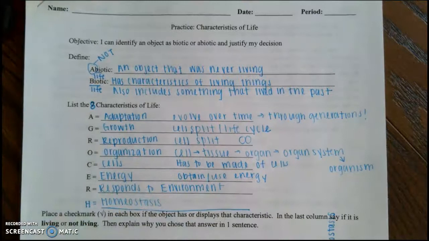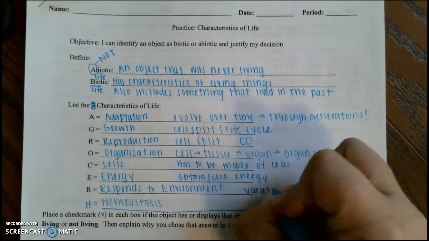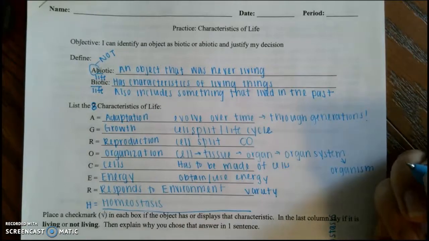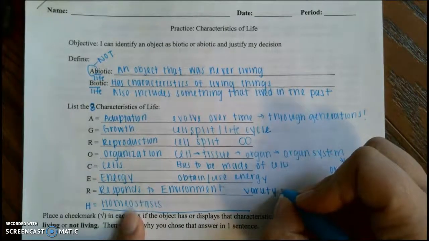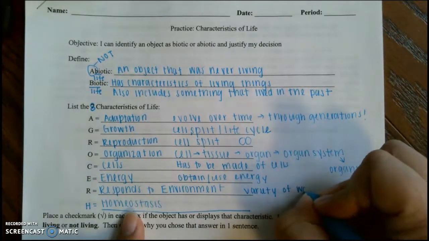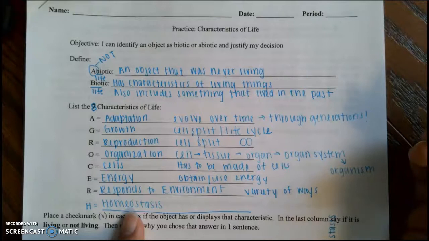Now, responding to environment, this can happen in a variety of ways. What's important is just that it could respond. So this can be you go outside and it's cold, so you start shivering. Your body is shivering to maintain homeostasis. In this case, your body is shivering to maintain your temperature.